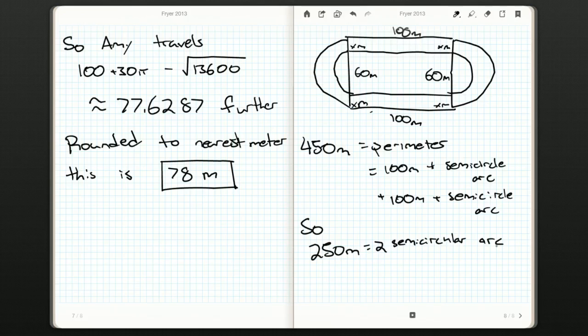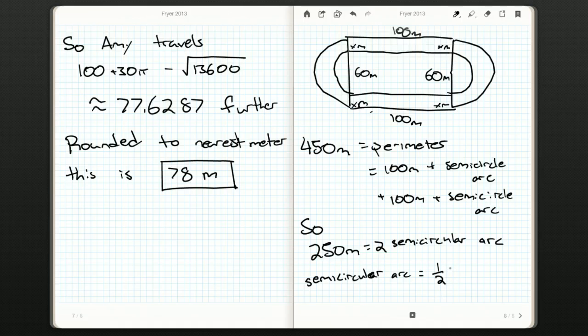Okay, but what's the semicircular arc? Obviously, it will be in terms of x, otherwise the x really doesn't enter into the equation, which it should. So, semicircular. So we know that that's 1/2 diameter times pi. So 1/2 because it's a semicircle, and then diameter times pi to get the circumference of that whole circle that we're having.